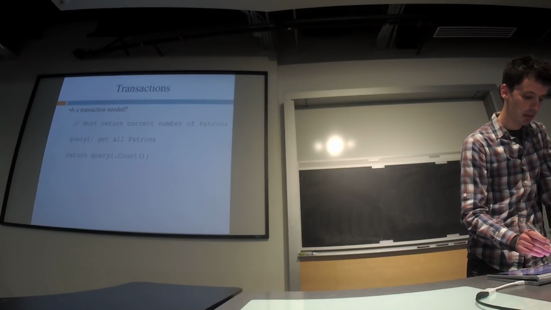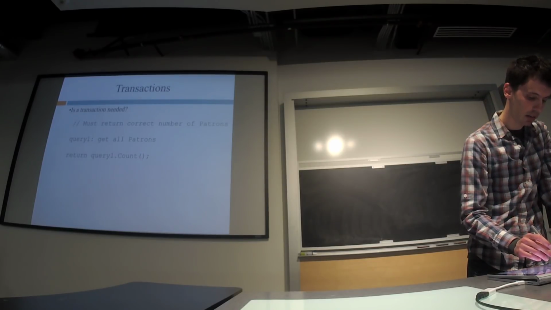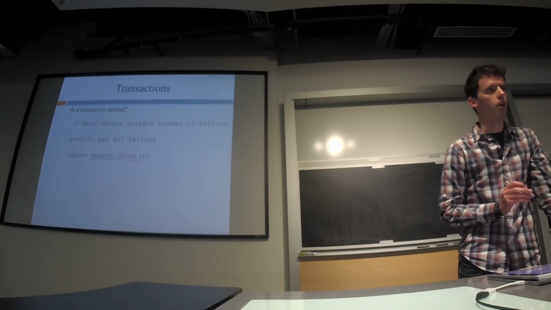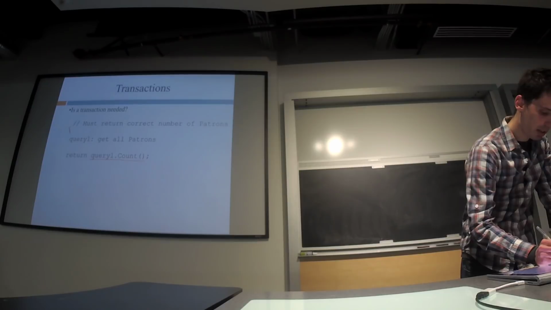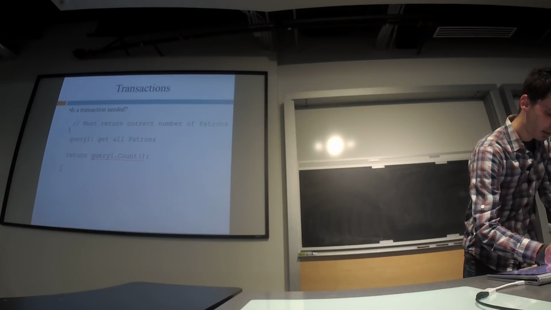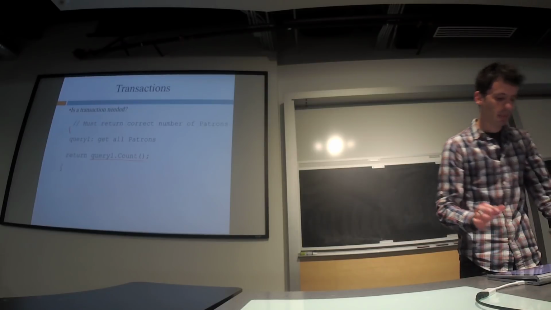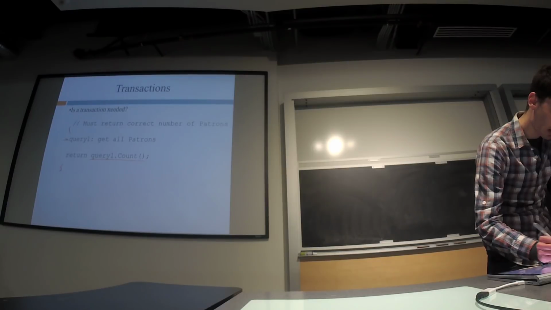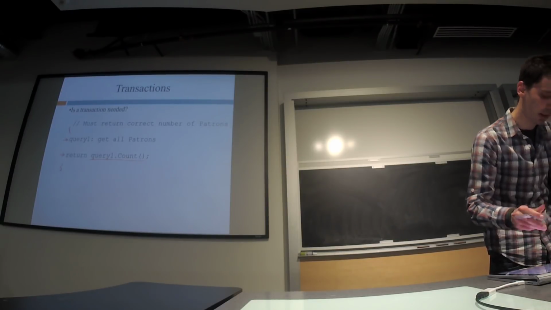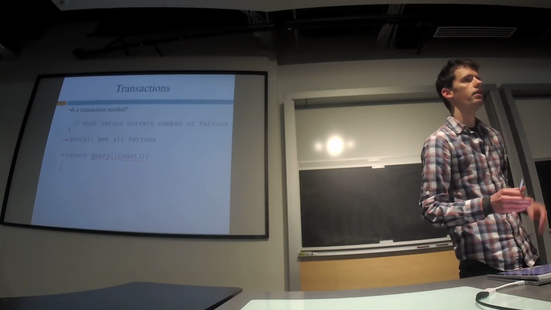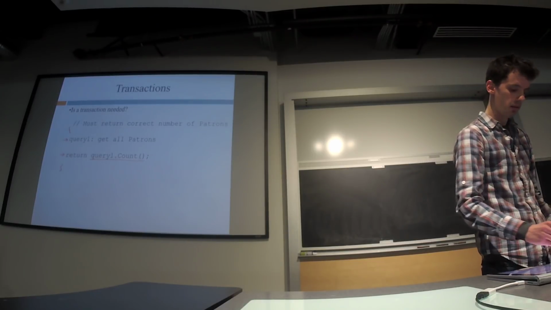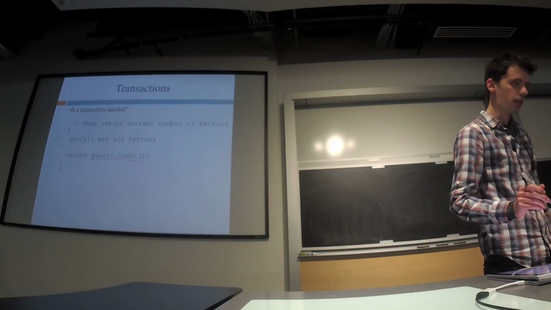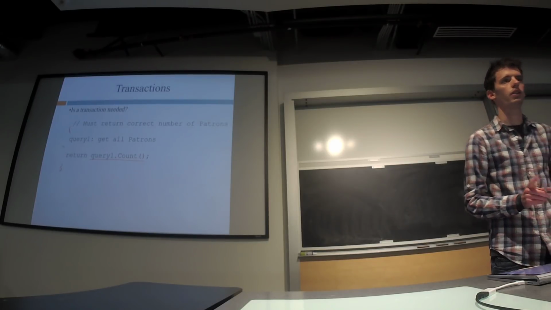And then a C# statement, return query1.count. So basically what the problem is saying is that when we have this query versus when we return, it needs to be consistent in the number of patrons that it returns. Do we need a transaction?